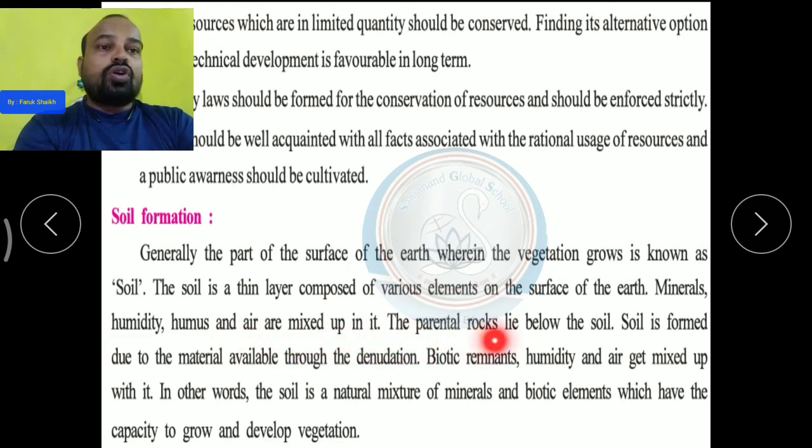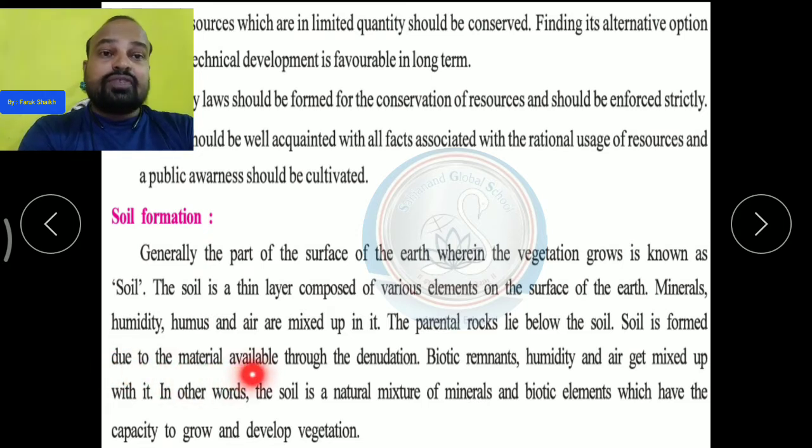The parent rock lies below the soil. Soil is formed due to the material available through denudation. Biotic remains, humidity and air get mixed up with it, and the soil is formed. So different factors work and play a role in forming soils.